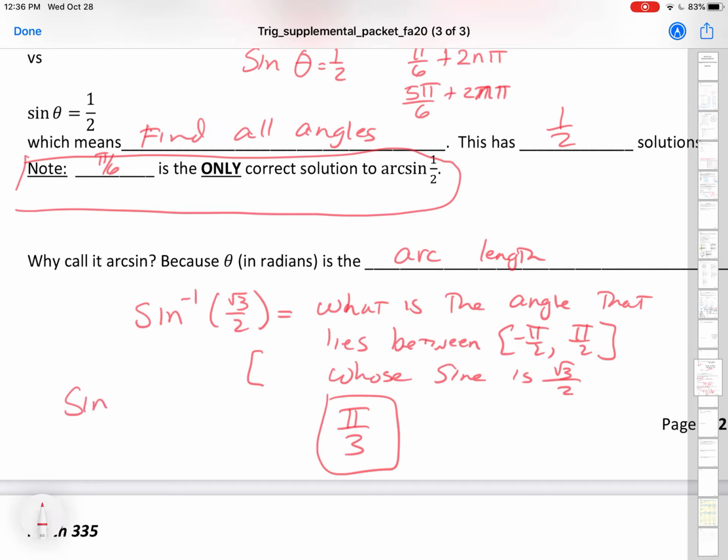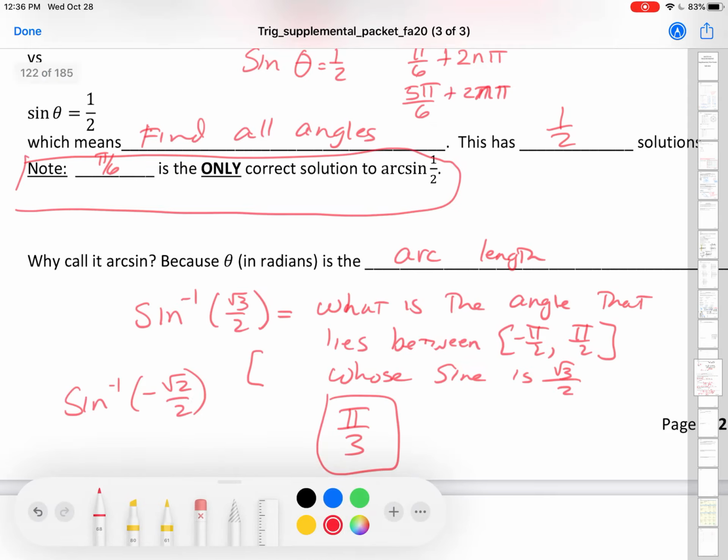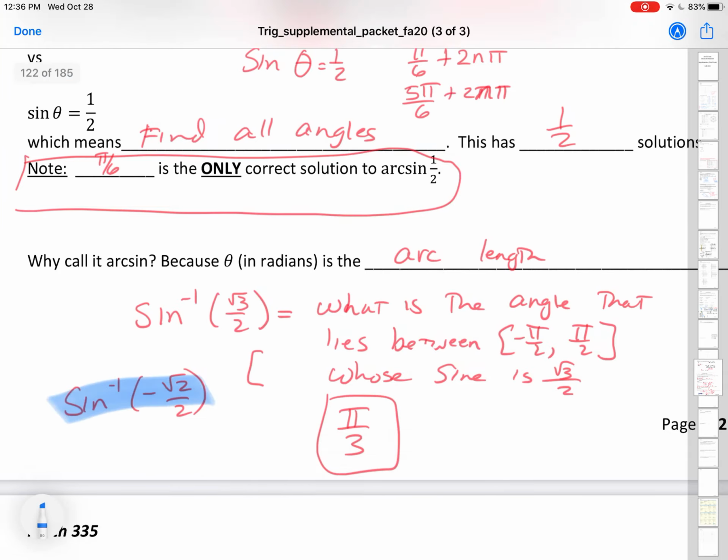If we had sine inverse of negative root 2 over 2, what would change over here? Let me highlight this in blue.